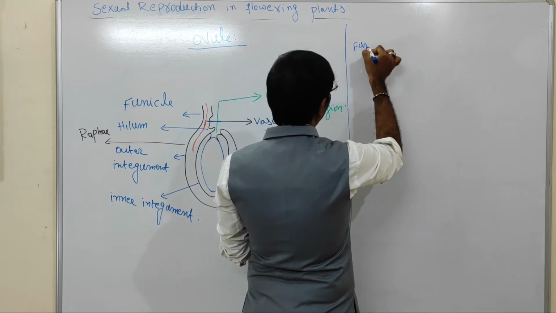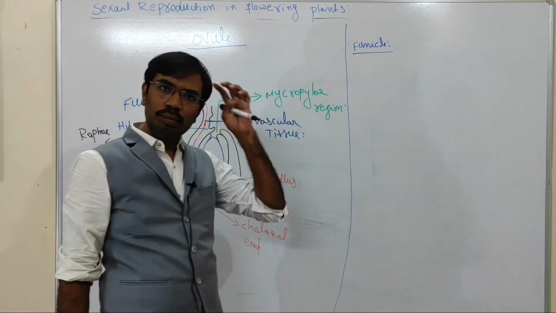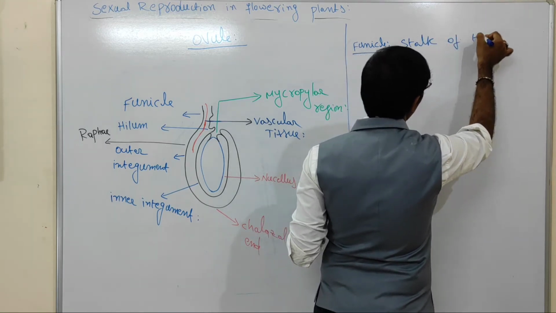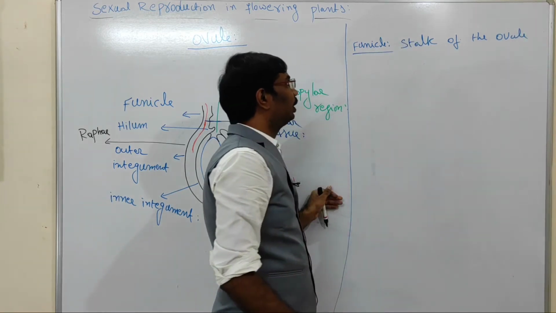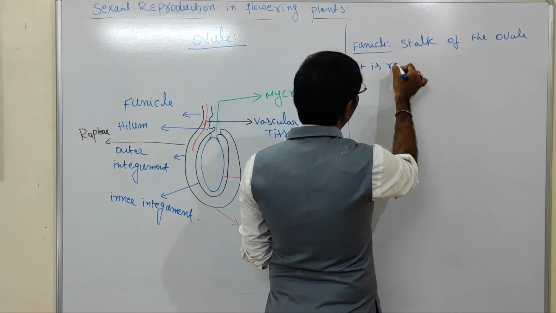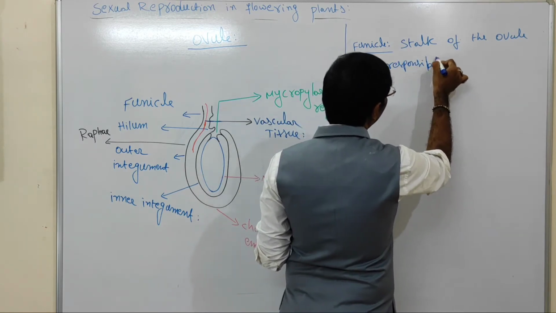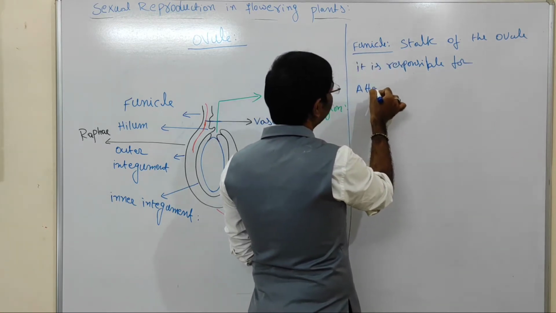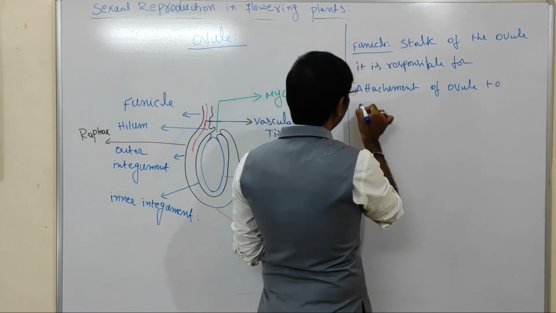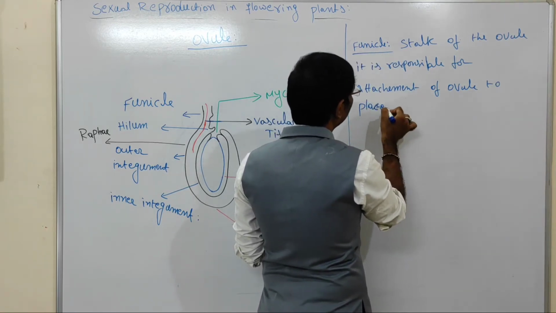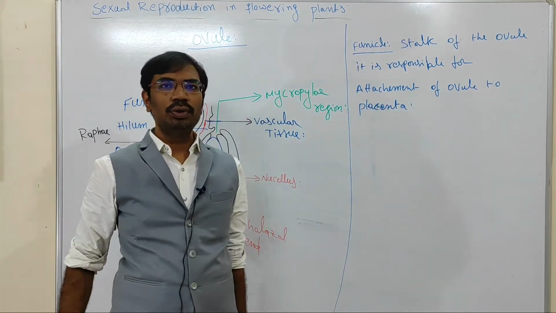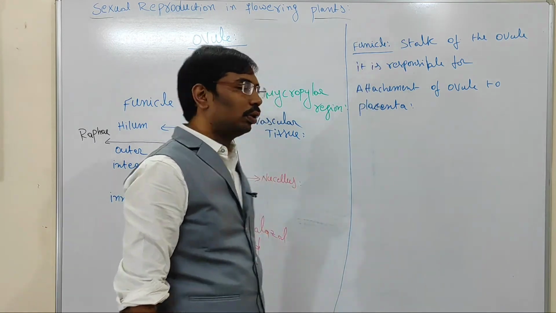What is the funicle? The funicle is the stalk of the ovule, and it is responsible for the attachment of the ovule to the ovary, that is, to the placenta. So that is the function and significance of the funicle.